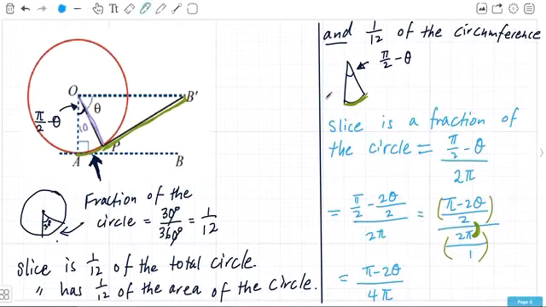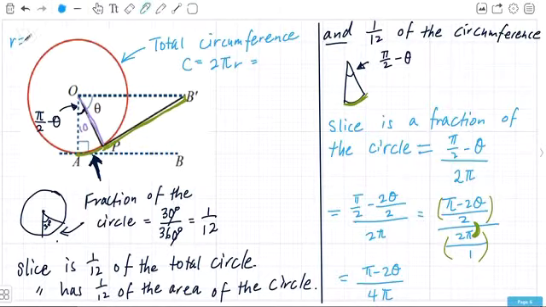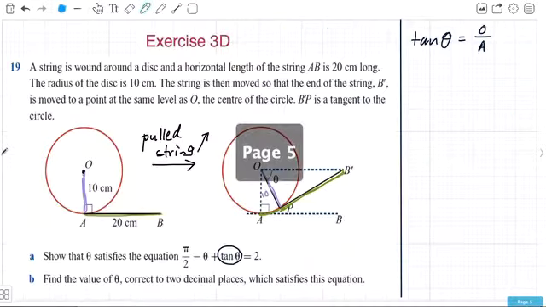Now the total circumference of this circle, C, is 2 pi r, and we know that r, the radius for this circle, is 10 centimetres. Remember looking back at the question, we know what the radius is.